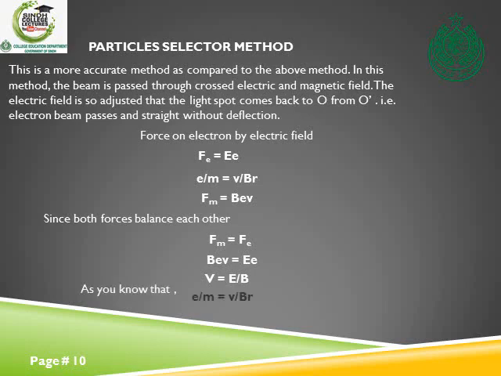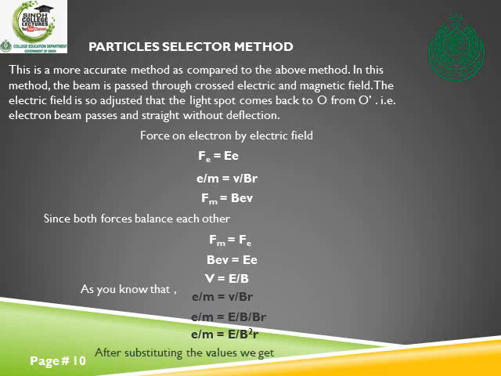As you know that e by m is equal to v upon BR, when you put the value of this velocity, calculated by the particle selector method, you will get e by m equals E upon B upon BR. Now this capital B will multiply with capital B, so the final equation is electric intensity divided by B squared into R.